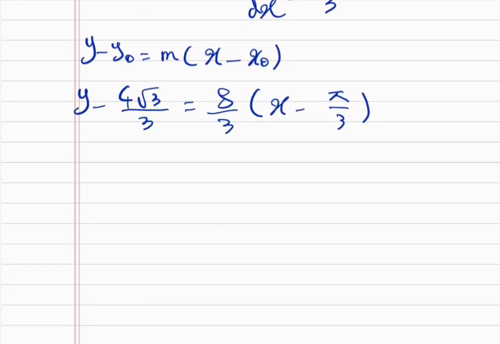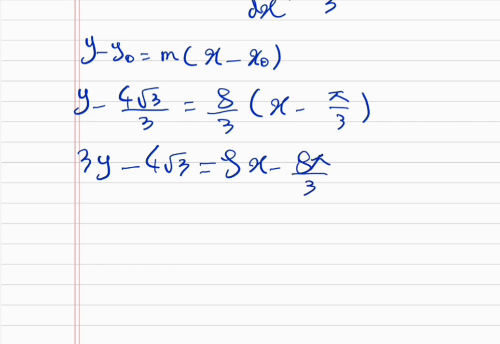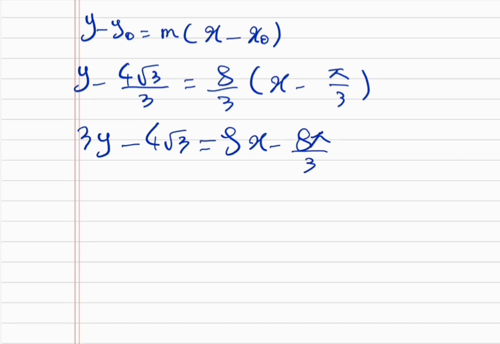We can multiply everything by 3. 3y minus 4 root 3 is equal to, so 3 cancels out with the denominator, and we are just going to have 8. So 8, and then expand that, 8x minus 8 pi over 3. And for the next step, in order to have a nicer form, we can multiply everything by 3 one more time, because of this 3 in the denominator.